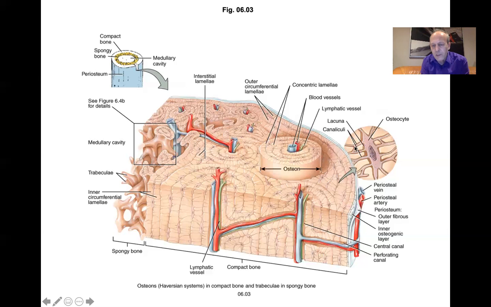Of course, the very surface of the compact bone will have another group of layers or lamellae that are called the outer circumferential lamellae, and ultimately the very surface of a bone, with the exception of its articular surfaces, will be covered with another thin and very important layer which contains nerve fibers and dormant osteoblast cells. That membrane is known as the periosteum.